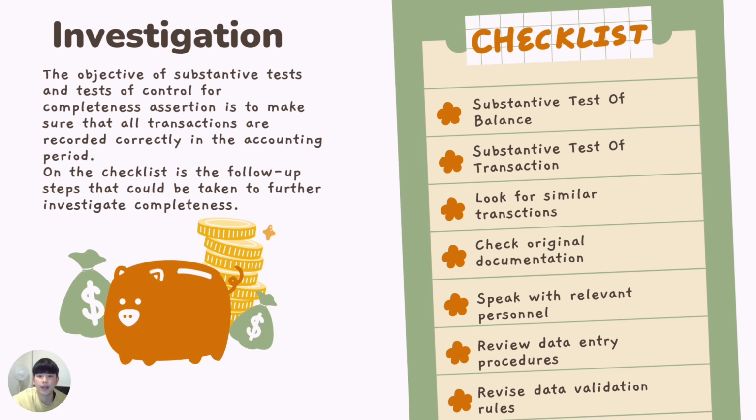Lastly, revise data validation rules. Consider revising the data validation rules in the system that records this transaction to prevent missing unit prices in the future. For example, Localmart should set it up so the transaction could not be saved without a unit price.